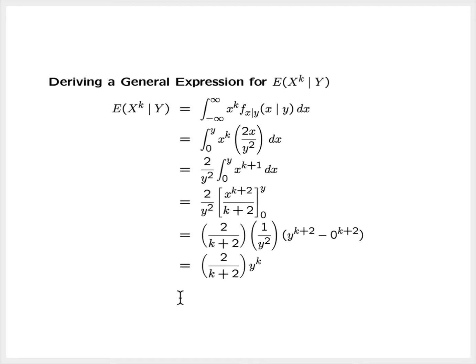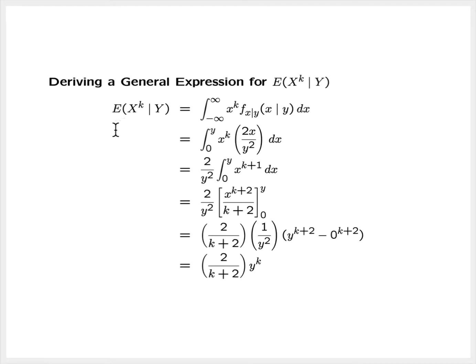Now, we want to find the mean and the variance of the conditional distribution of x given y. And it's fairly straightforward to find a general formula for the kth raw moment of the conditional distribution of x given y. So we're going to do that and then use this general formula to find the mean and the variance and so forth.